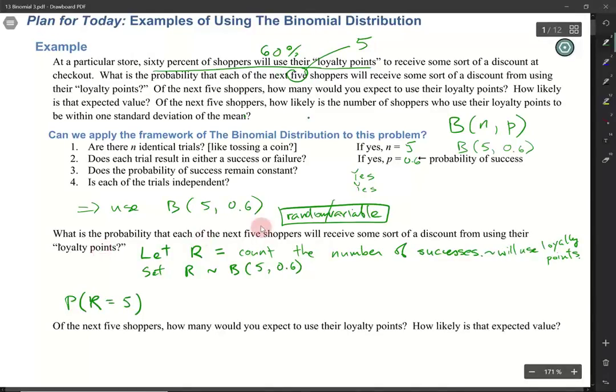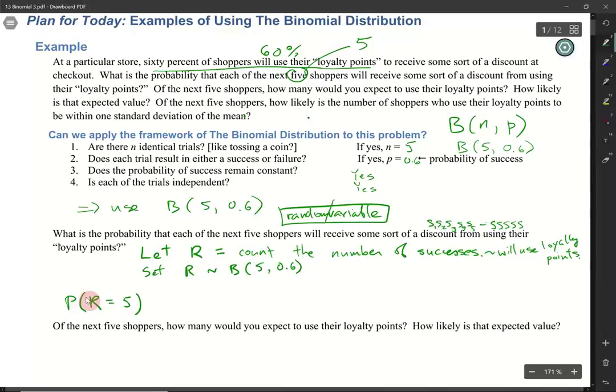So each of the next 5 shoppers will receive, so you could think S1, S2, S3, S4, S5, meaning success first, success. So all the first 5 are all successes, but those probabilities are all the same. So instead of S1 through S5, we can just say success, success, success, success, success. That is the case that all of them are success, R equals 5.